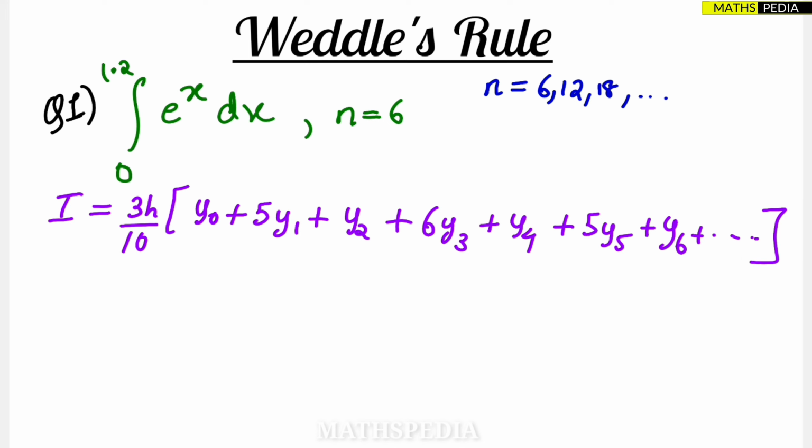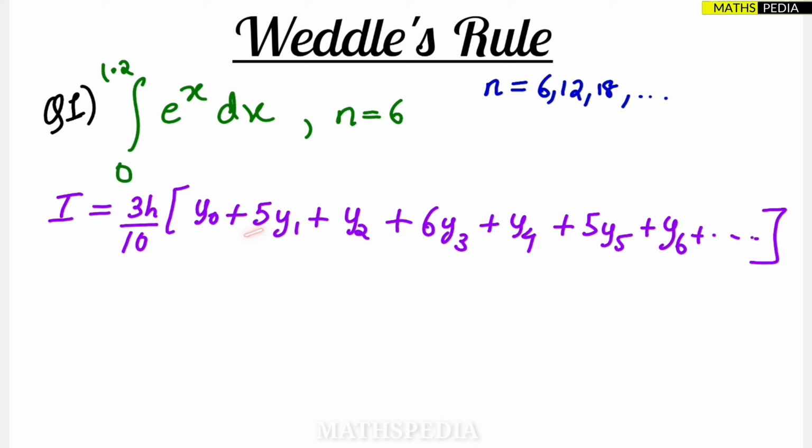So how to remember this formula? See, 3h by 10 is there, where h is the width of the intervals, which we will find. y0 is the first term, so the coefficient is 1.